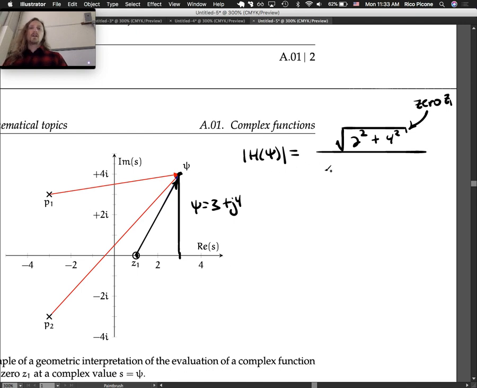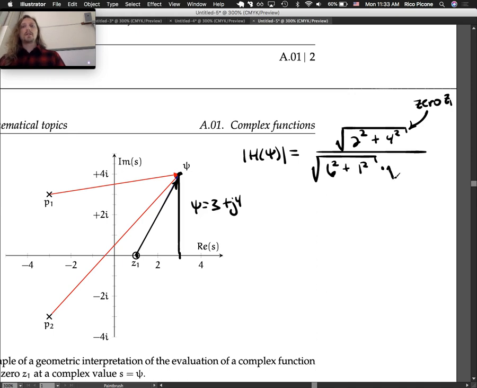So let's do P1 first. Square root of, this is at -3 and plus J3. So -3 to +3 in real is 6, right? 6 squared plus, what's the imaginary difference? 1. So plus 1 squared.